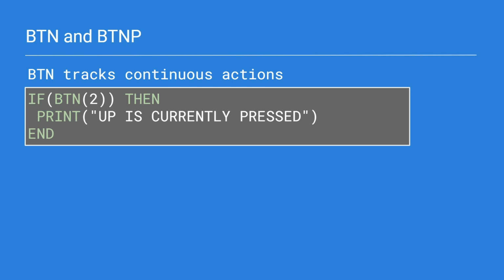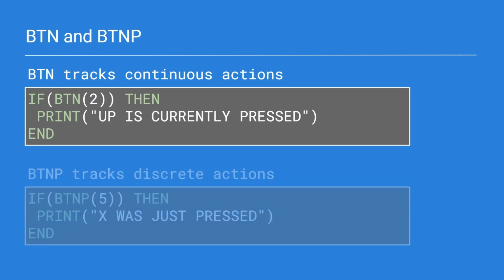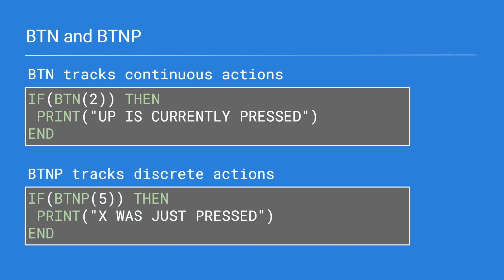The second instruction that Pico 8 provides to check whether a player is using the keyboard is btnp, which stands for button pressed. btnp checks whether a key was pressed just recently, and it returns true if it was and false if it wasn't.